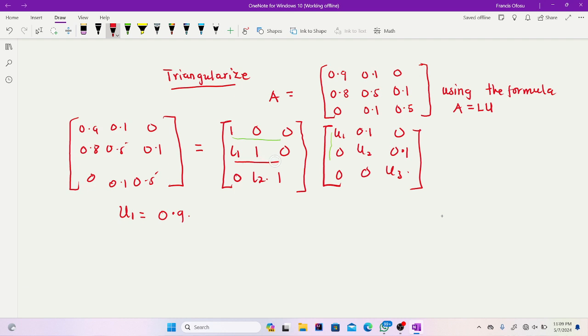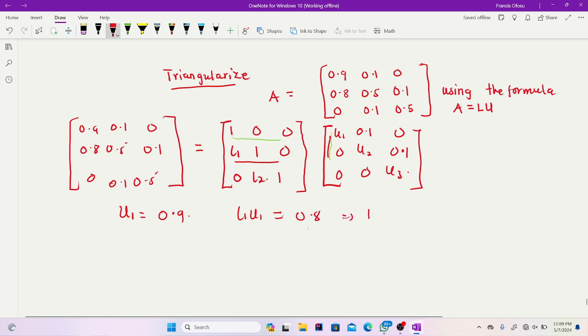So for our second row, when you multiply it by the first column here, what am I getting? I'm getting L1 multiplying U1, right? 1 times 0 becomes 0, 0 times 0 becomes 0. This should be equal to 0.8, right? So right now I know that my U1 is 0.9.